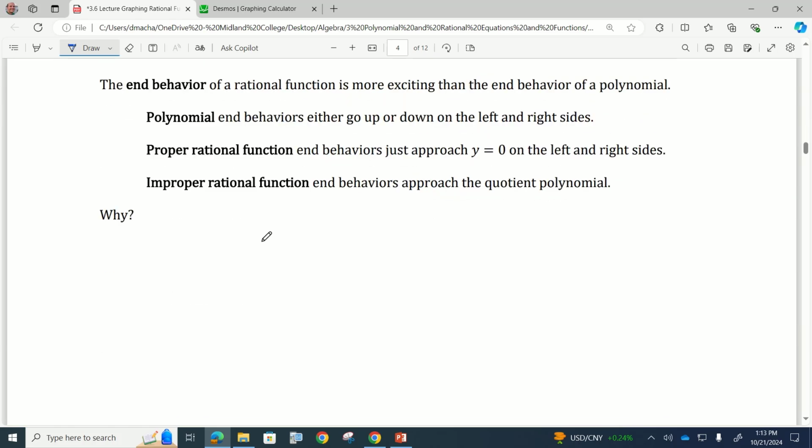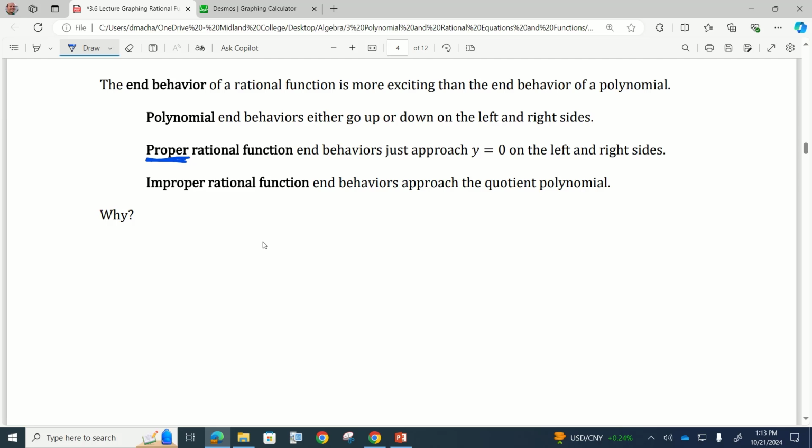When we talk about end behavior, we graphed polynomials last Monday, and we said end behavior for a polynomial was like, down on the left, up on the right, or something like that. End behavior for polynomials was pretty basic. For rational functions, it depends on whether your rational function is proper or improper.